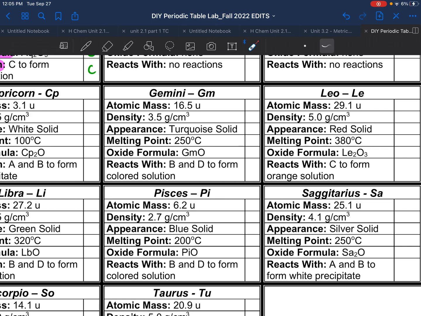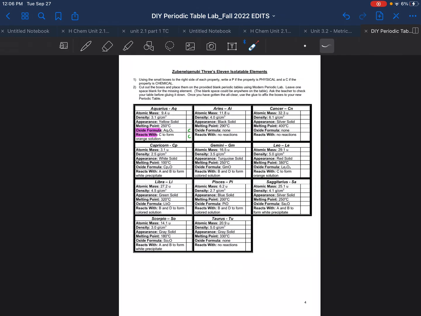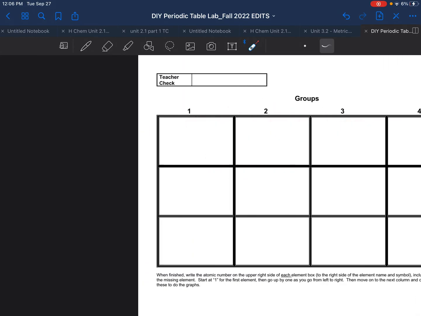Then notice that its oxide formula is a 1-to-1 ratio with oxygen, 1 GM, 1 oxygen. So whatever you give the symbol for your missing one, make sure that the ratio of your element to oxygen matches those in its column. The atomic number will just come from labeling, 1 through 12. So if it was this missing one, its atomic number would be 3.